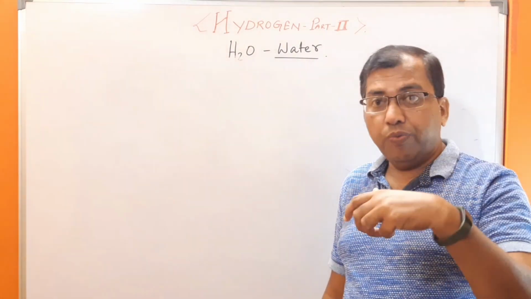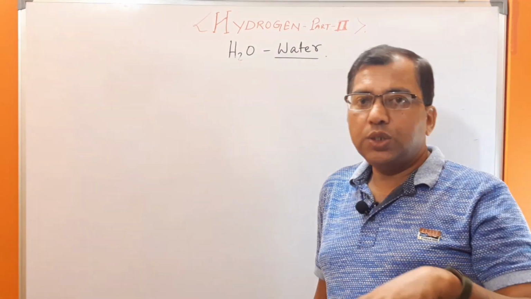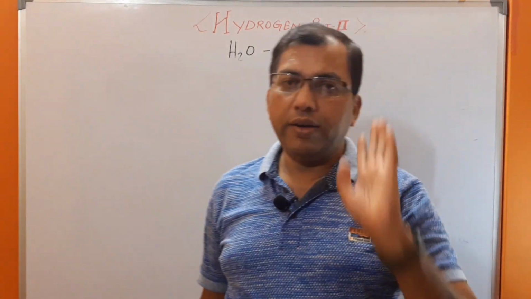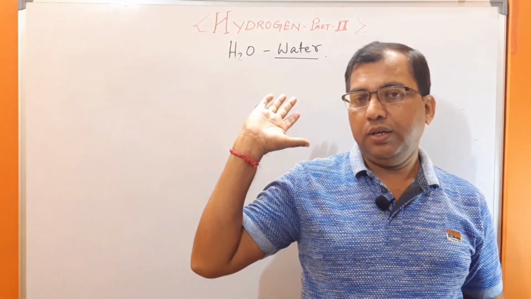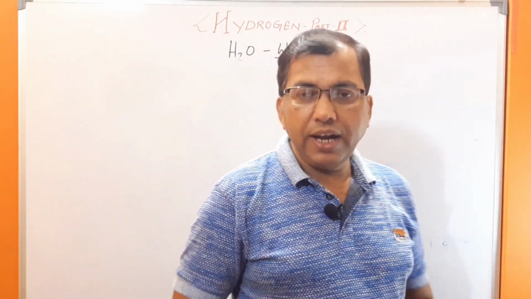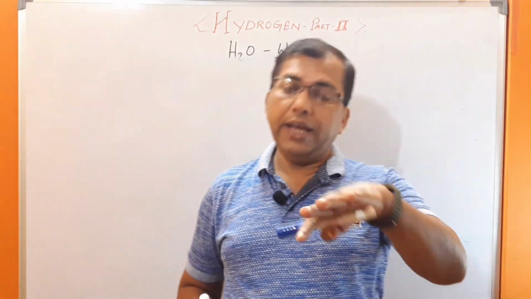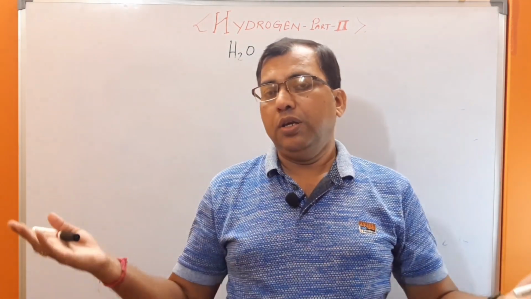How to remove the hardness of water? There are two types of removal: temporary hardness removal and permanent hardness removal. Temporary hardness removal is of two types. First, just simply boiling: simple boiling will remove the hardness. Next, the Clark process. What is the Clark process? You add lime to the temporary hard water and the hardness will be removed.